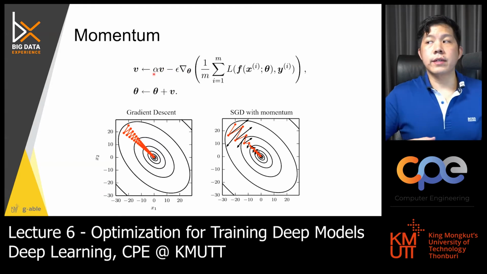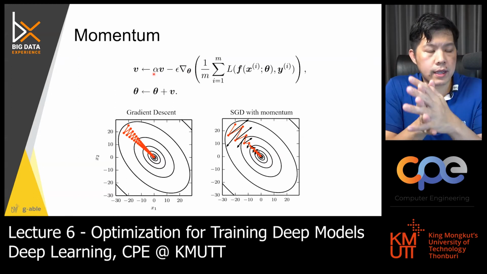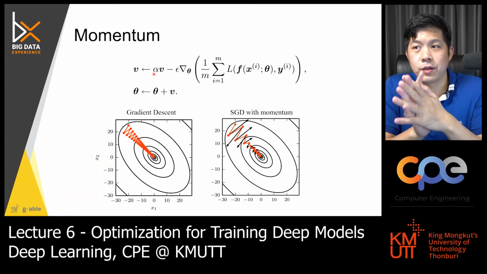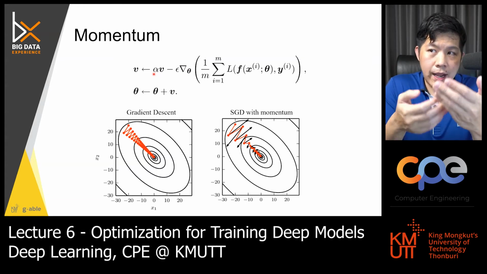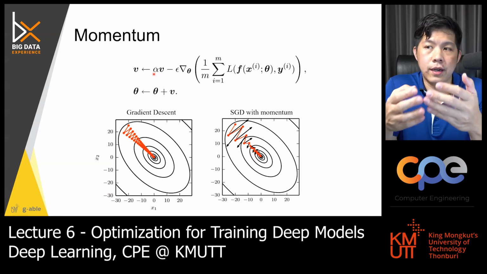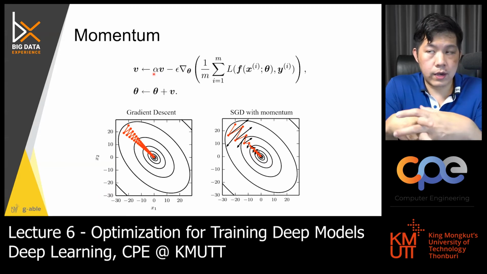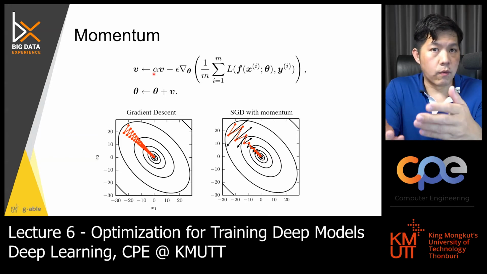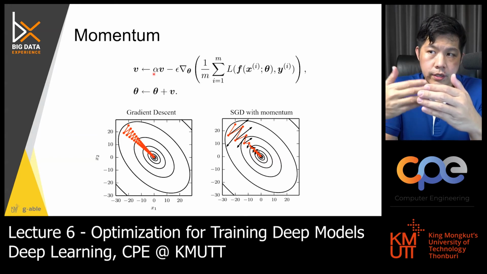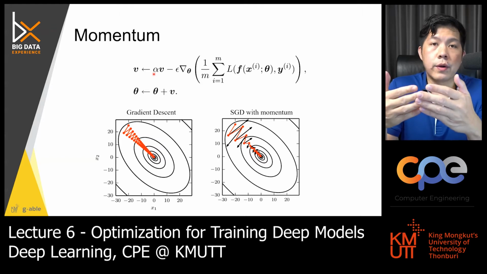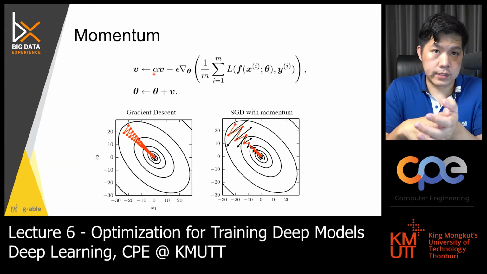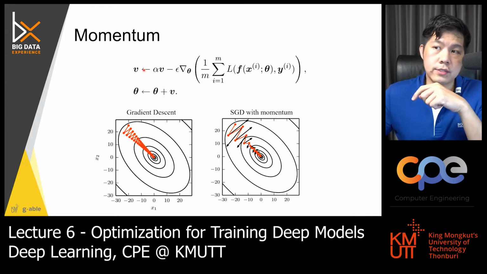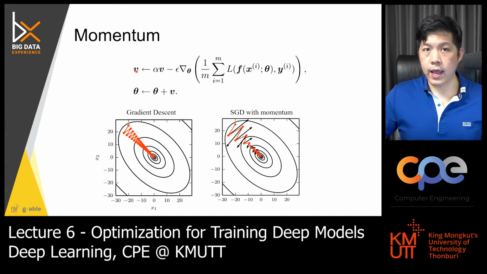Momentum is similar to exponential smoothing, which means that you are keeping part of the previous value. Suppose that alpha is a large value and epsilon can be a smaller value. The change in gradient would affect the direction of the momentum rather than the value itself. Once you get this value, it will be used again in subsequent iterations.